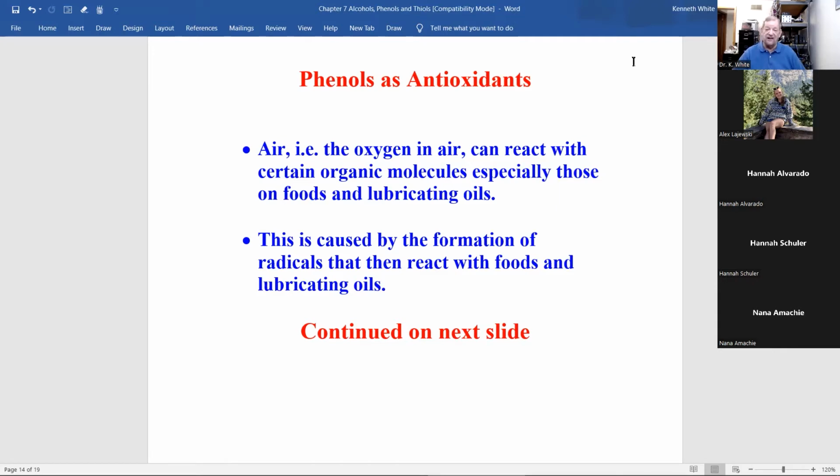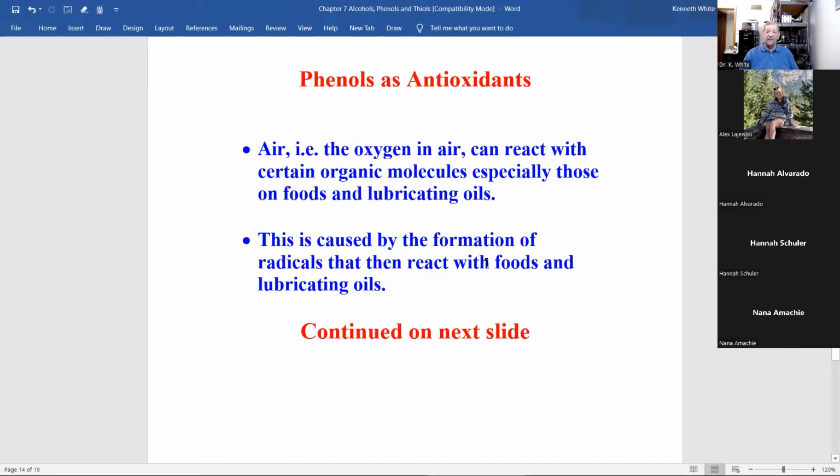I'm not going to do that now for you. But anyways, air forms radicals that attack and break down certain molecules, organic molecules. And those are found in things like food, lubricating oil. Now, this is caused by radicals reacting with that.